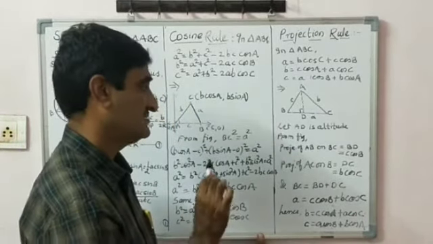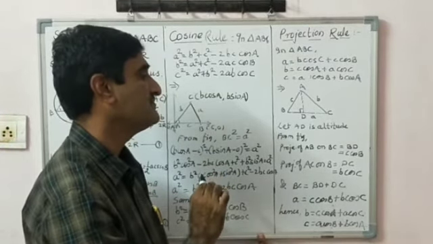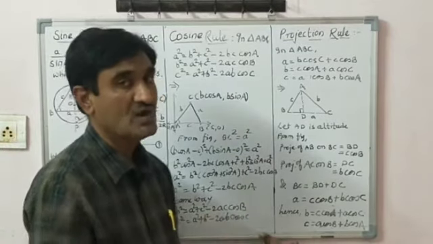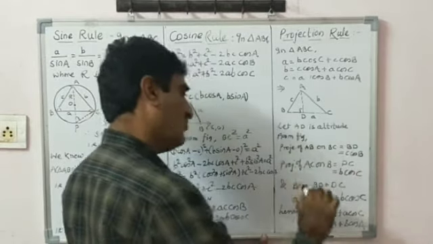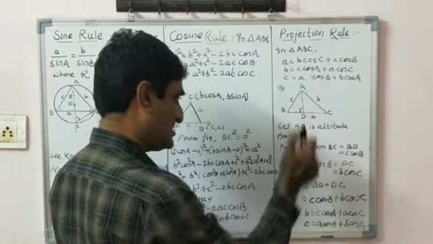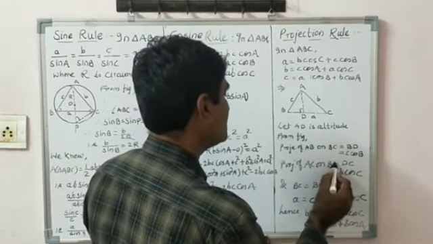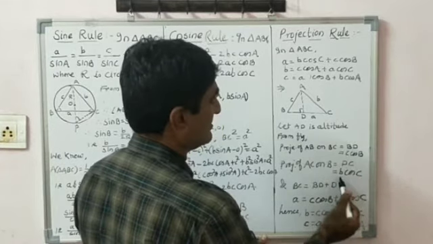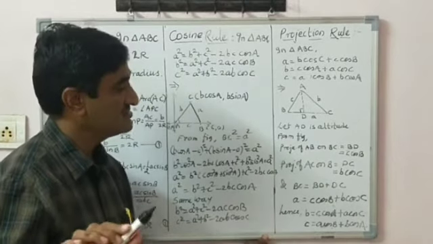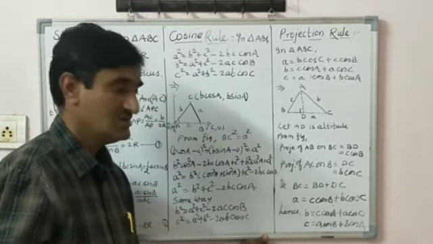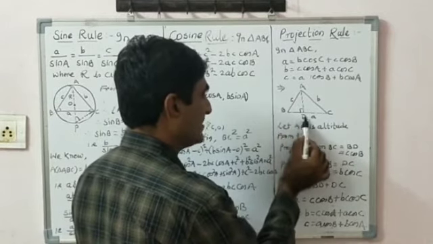We find side BD by using cos B, and cos B is equal to adjacent side upon hypotenuse, and that is C cos B. Same way, the projection of AC on BC is equal to DC, and that is B cos C. Means we find BD is equal to C cos B and DC is equal to B cos C. Now BC is equal to BD plus DC.